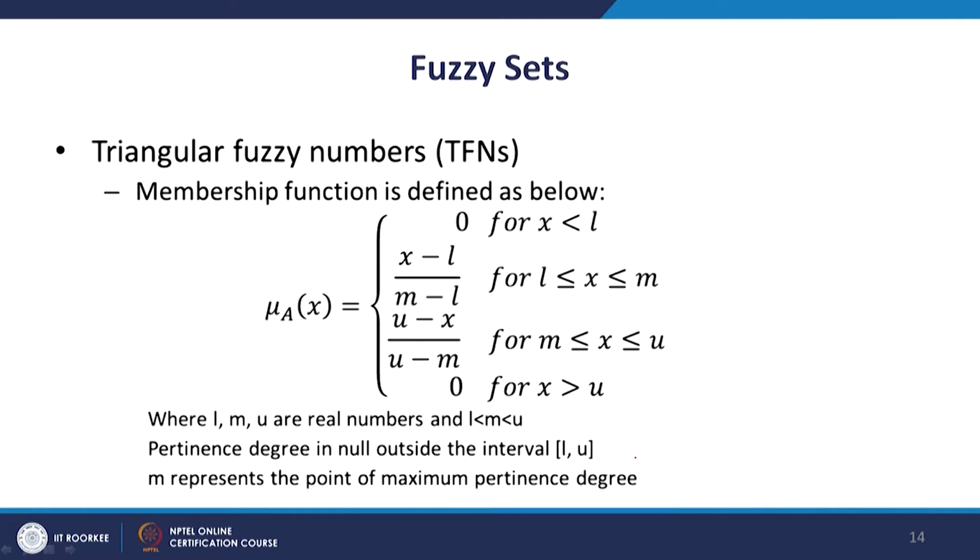We also talked about the membership function mu x, as you can see in the slide, and how different values are taken by the membership function. Then we stopped at the point where we were about to discuss the algebraic operations with fuzzy numbers.